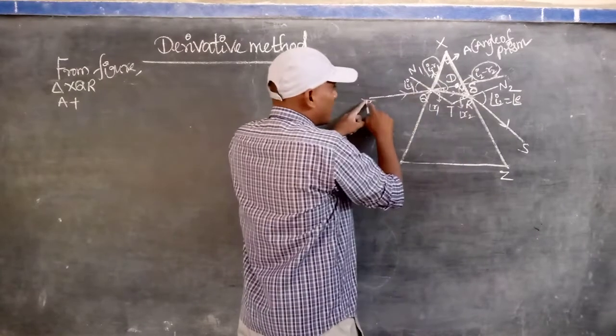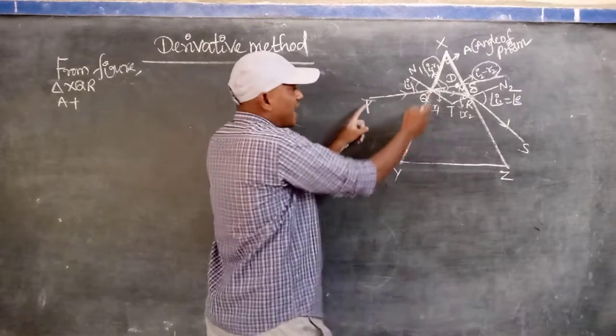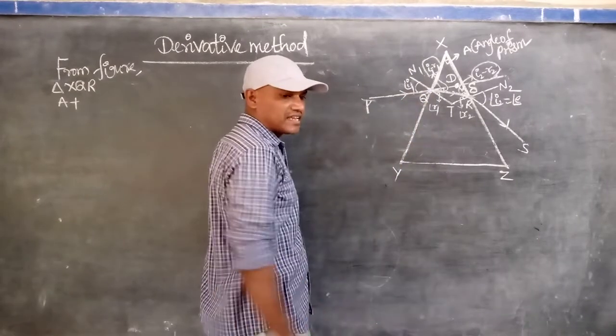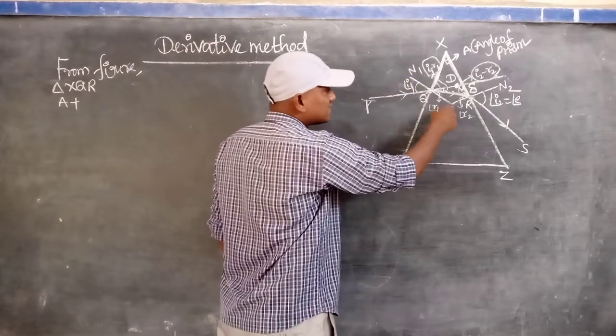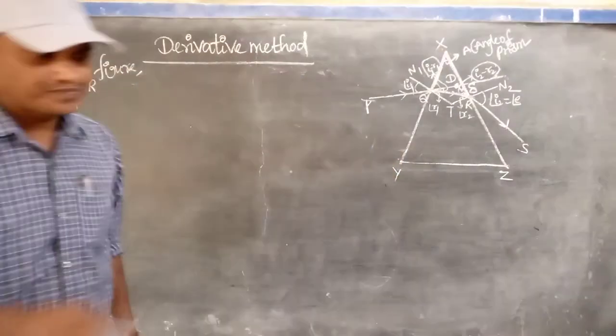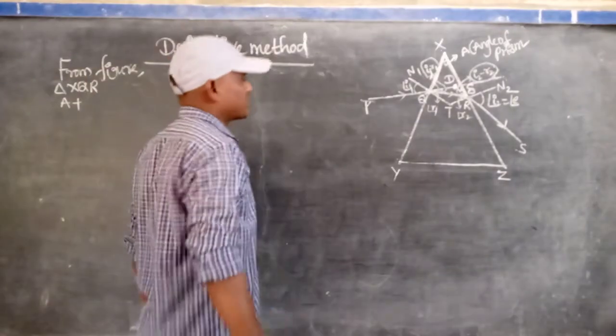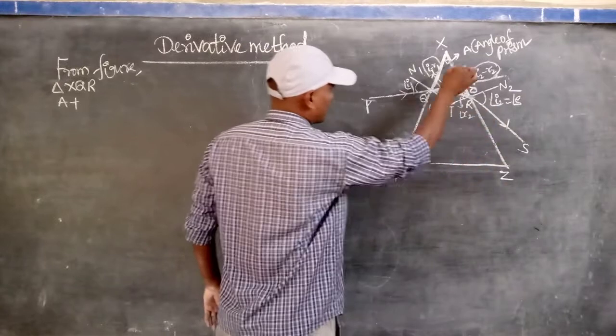We know that PQ is the incident ray. From the diagram, N1T is the normal for XY. I will explain. XYZ is the equilateral triangular prism.